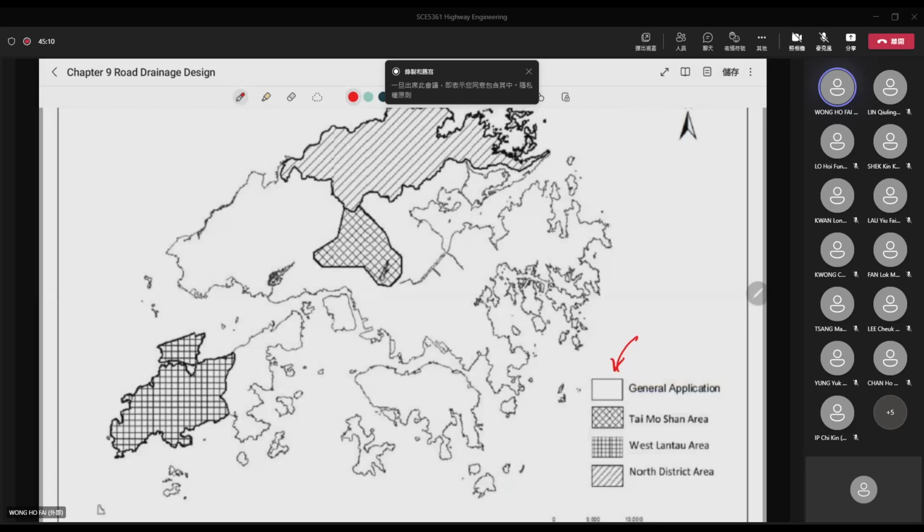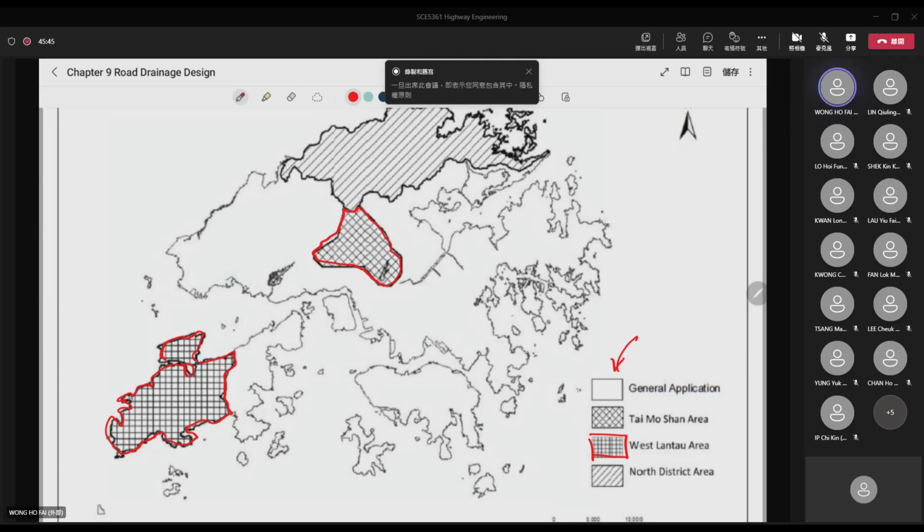For the Tai Mo Shan area, which is actually some locations right here, if your design zone is within this location, then we can call that the Tai Mo Shan area. And then for the Lantau area, you can see that this is the Lantau area. If you are in the airport or in part of Lantau Island, then for here, actually, you will follow the one in the West Lantau area.